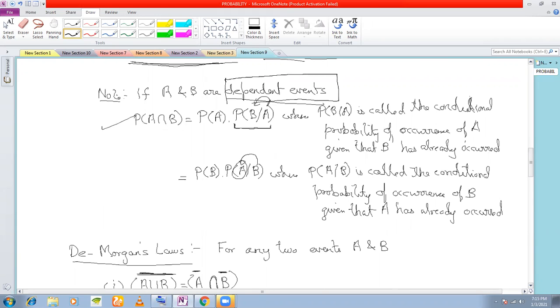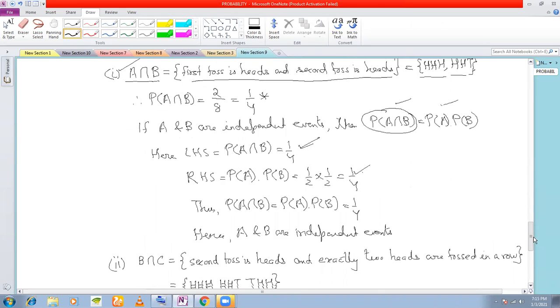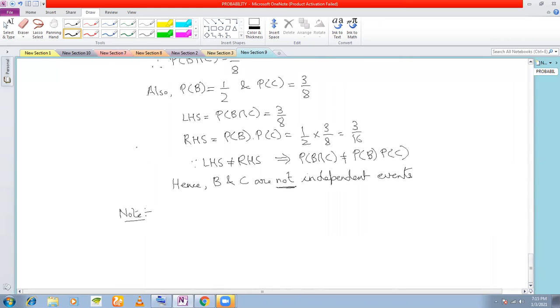Remember this. And when the question of dependent comes, then we talk about conditional probability. We will discuss that later. So we say that B and C are dependent events. That means one depends on the other.